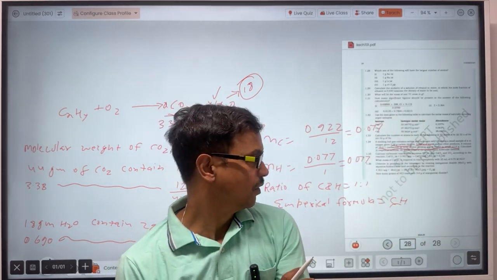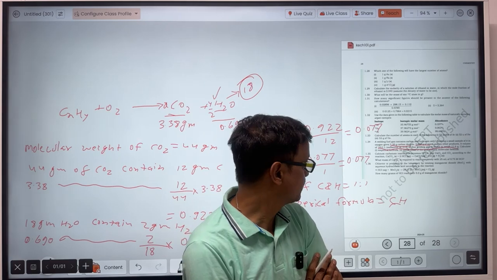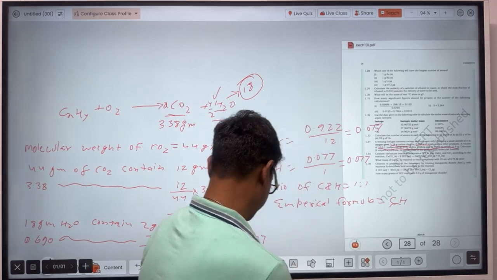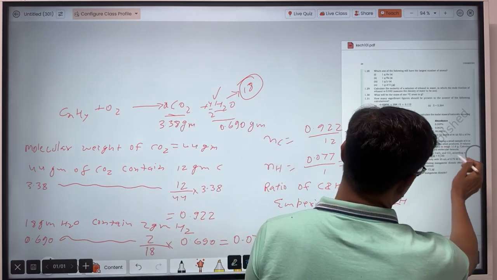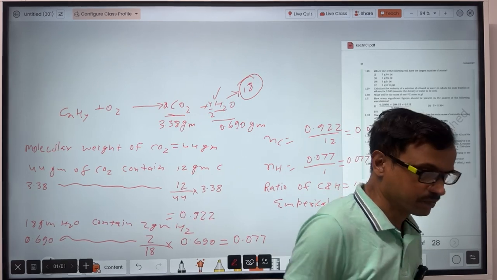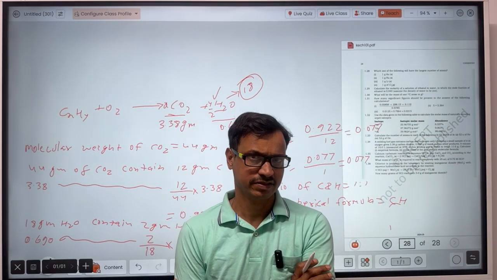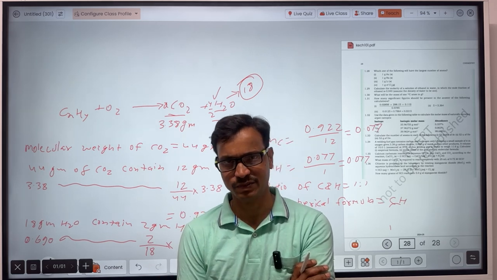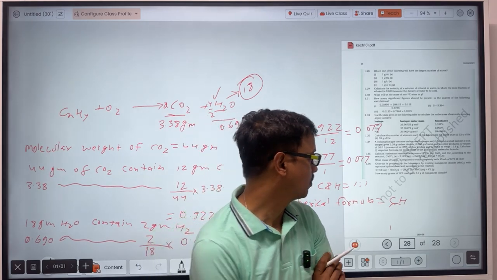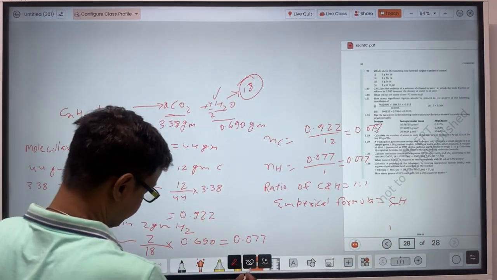You know at STP, 1 mole of any gas occupies 22.4 liter volume. In this question, when the volume of this gas is 10 liter, the weight is 11.6 gram. So when the volume is 22.4 liter, the weight of the gas will be equal to the molecular weight of that gas. That is not given here, so we will find it out. Let's see.